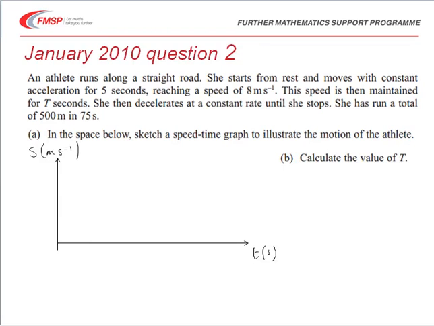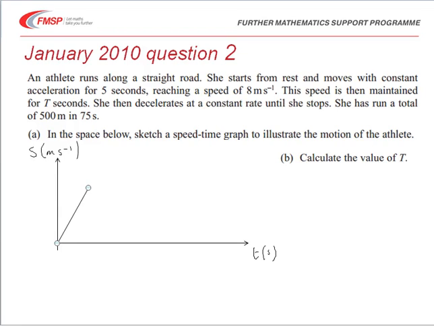Okay, so taking part A first of all, we have the athlete is running along a straight road and she starts from rest with a constant acceleration. So this is going to be a straight line from the origin rising at a constant gradient until she's got to a value of 8 meters per second for her speed, and that took 5 seconds.